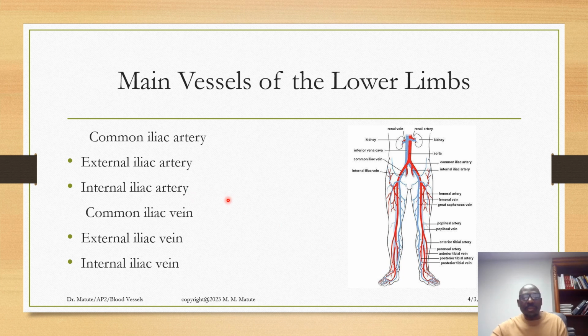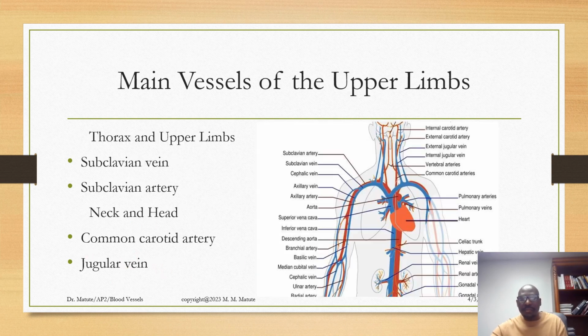So for the most part, if you know the name of the arteries, you end up knowing the name of the veins. For example, here you see the common iliac artery. You have the external and you have the internal. Then we have the common iliac vein side by side. You have the external and you have the internal.